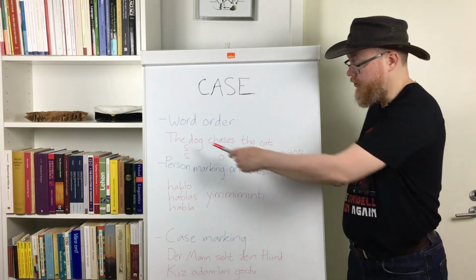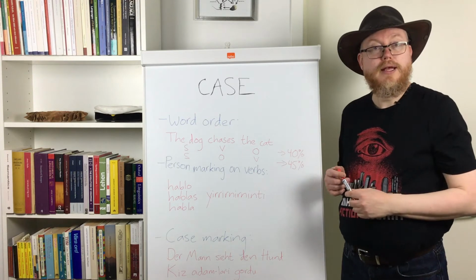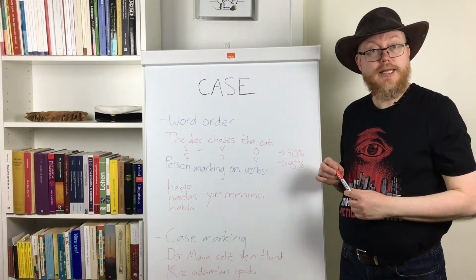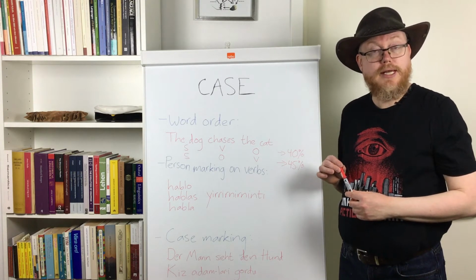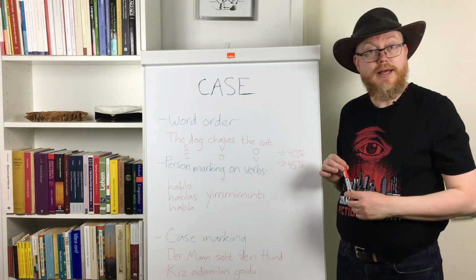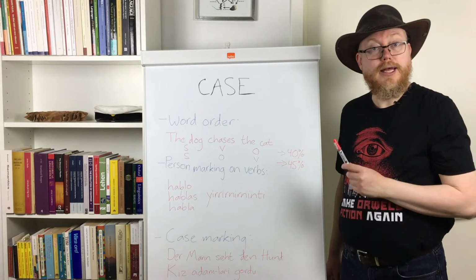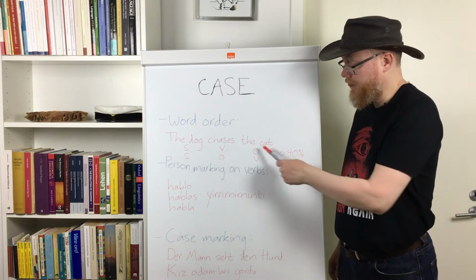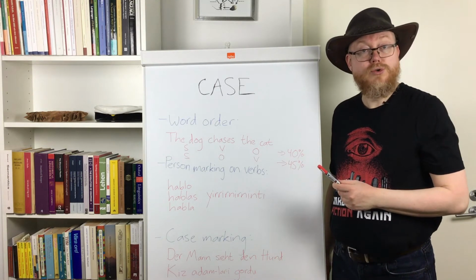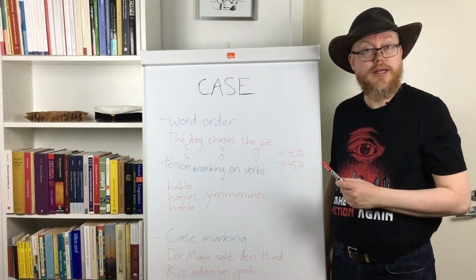So let's say someone says this. The people who are listening need to be able to interpret and understand who is the subject and who is the object. So in this case, who is doing the chasing?